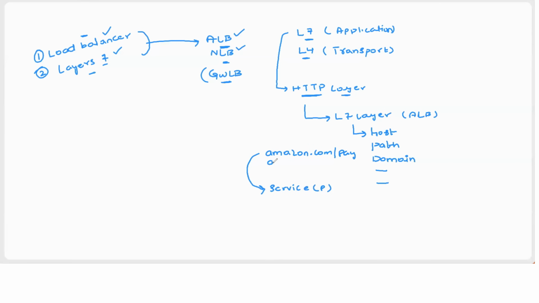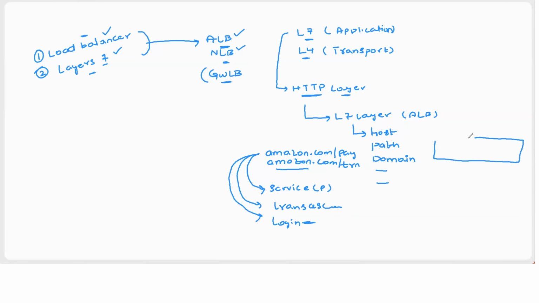If I am accessing amazon.com/transactions, then my request has to go to the transactions target group. Or if I'm accessing amazon.com/login, then it has to go to the login service group. Okay. So this is what you are trying to do when you use an application load balancer.